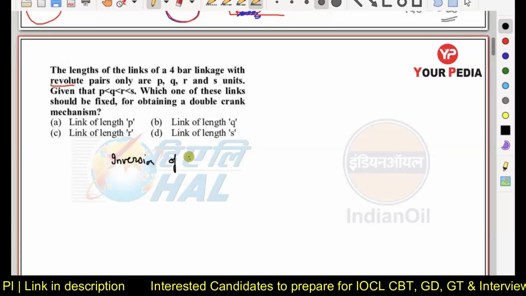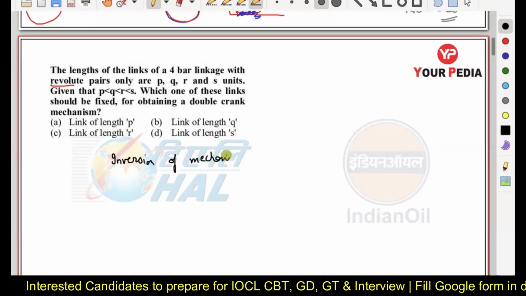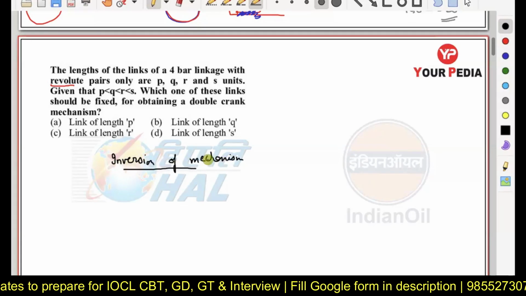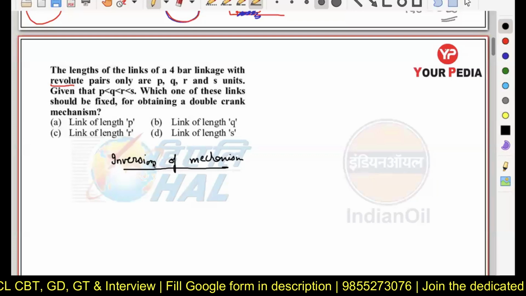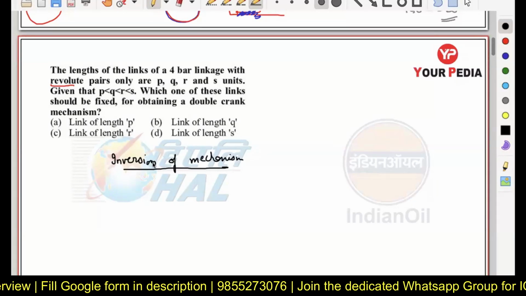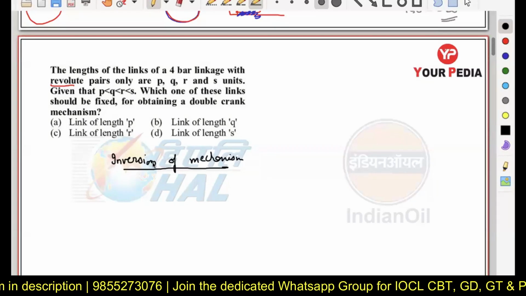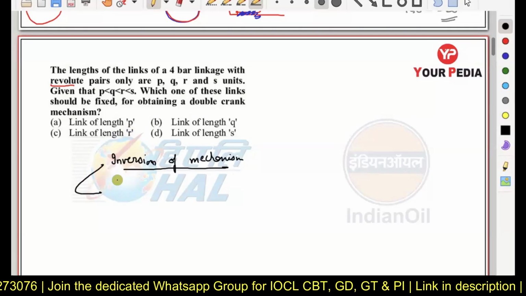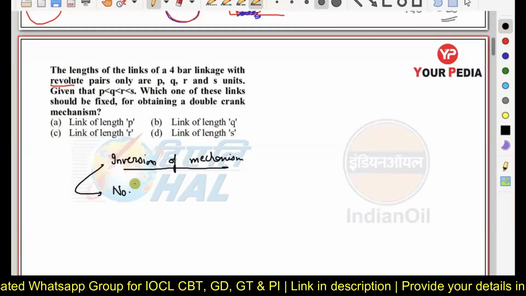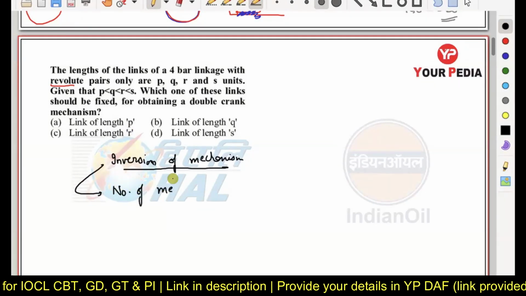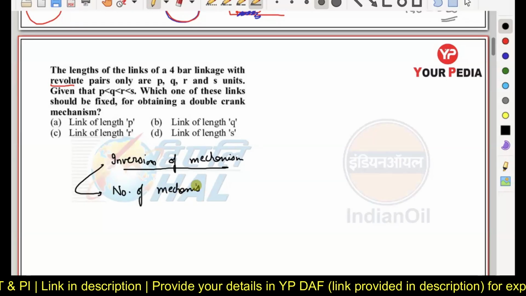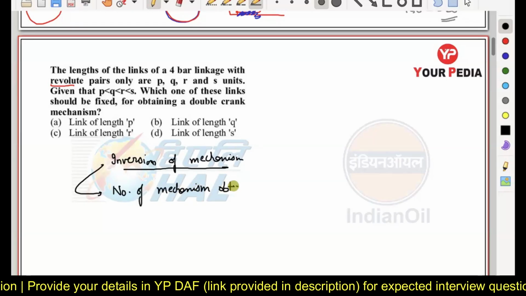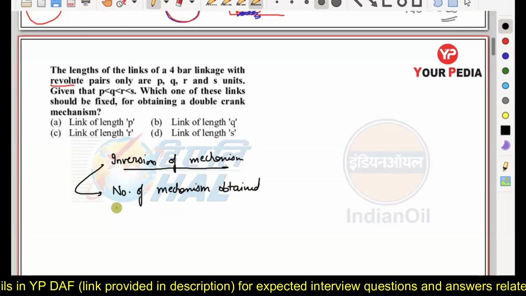Inversion of a mechanism. What is the meaning of inversion here? Inversion simply represents the number of mechanisms obtained by fixing the different links.